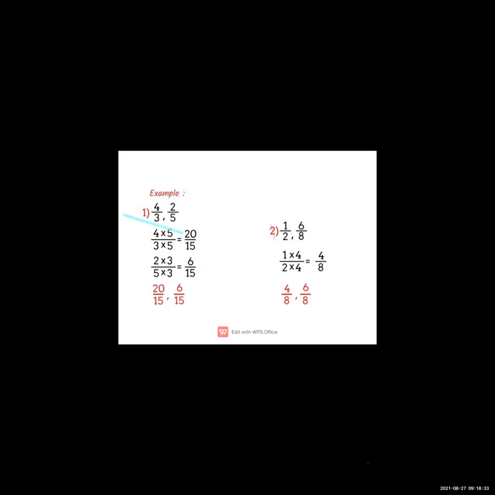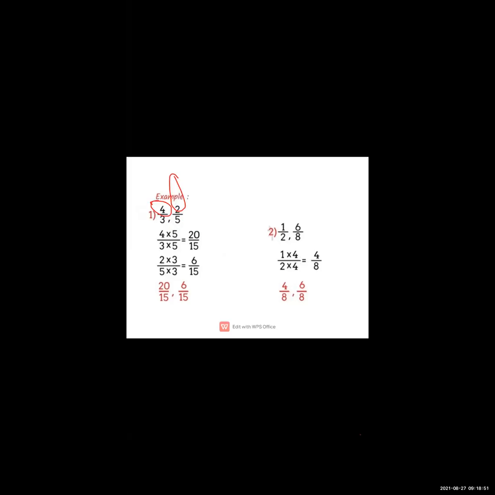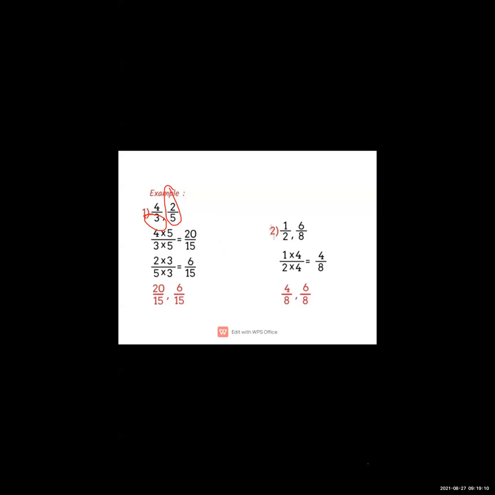So what we will do, we will multiply this number with 5, and after that we will multiply this number with 3. Okay, listen carefully. The second fraction we will multiply by 3 and the first fraction we will multiply by 5.